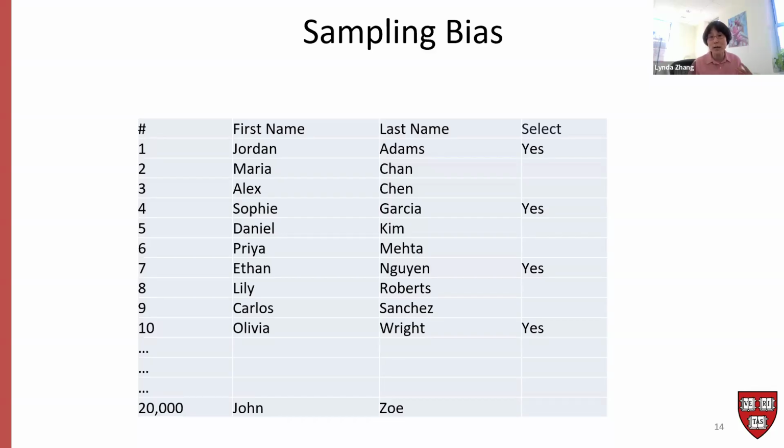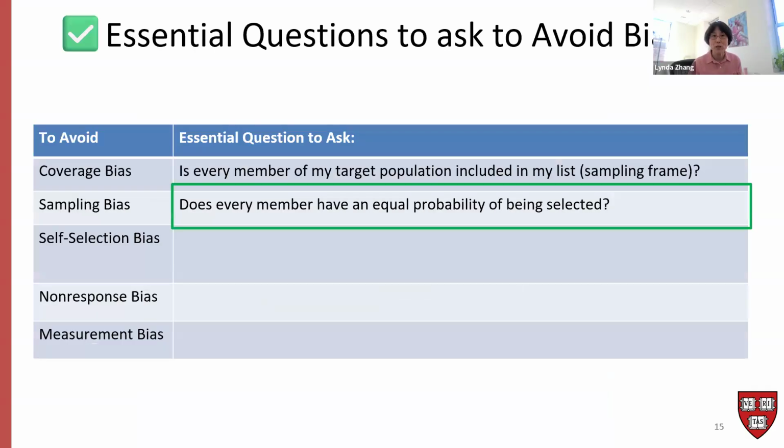This could over- or underrepresent these groups, which will create sampling bias. The best way is to use random sampling. So the essential question to ask in order to avoid sampling bias is: does every member have an equal probability of being selected into the sample?